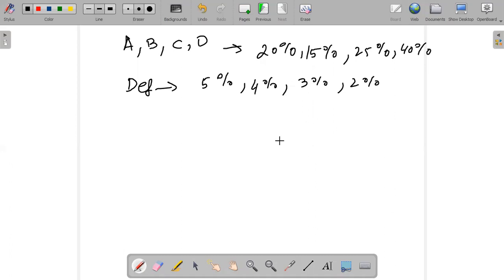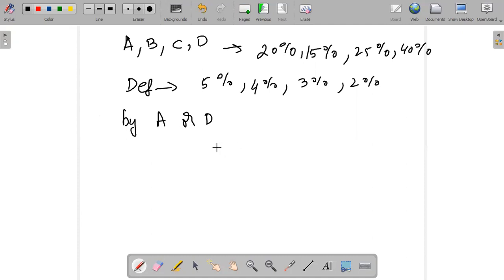Now, if a bolt drawn at random is found defective, what is the probability that it was manufactured by A or D? Let us see how to solve it.